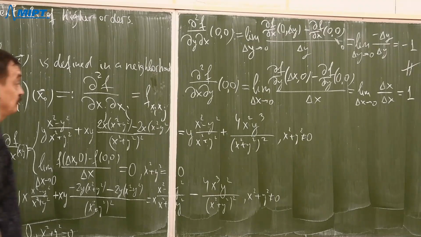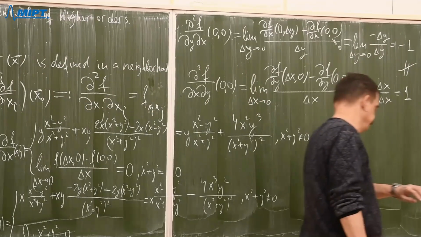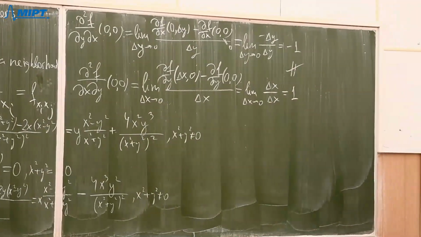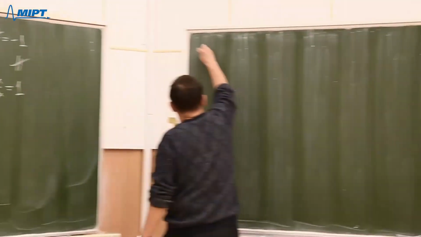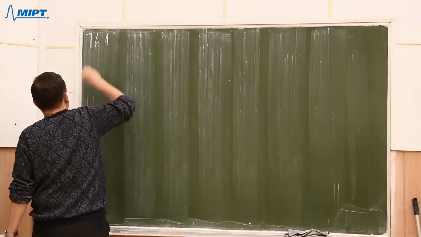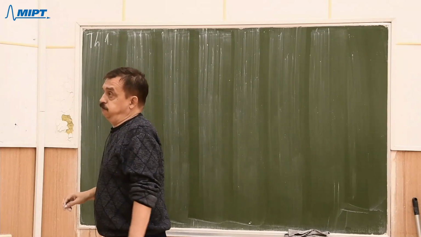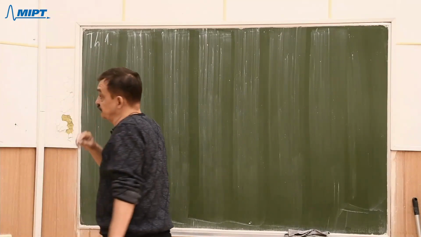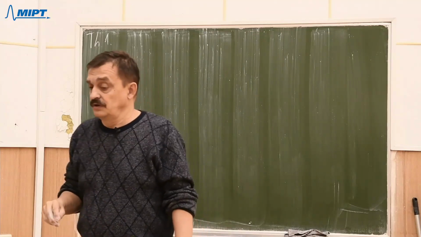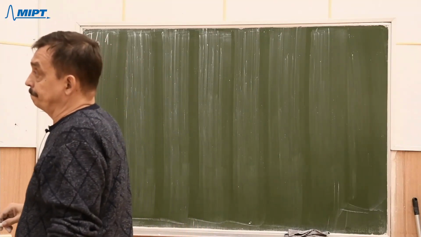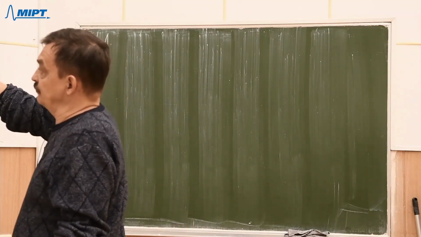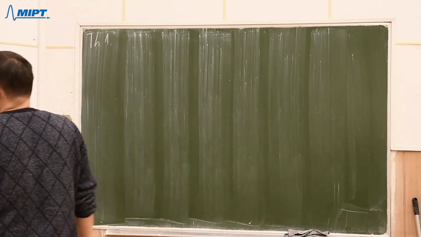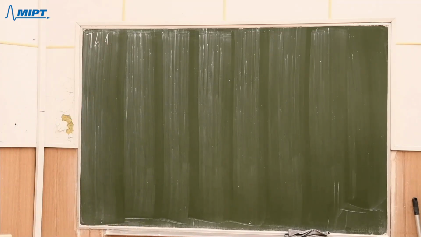Okay, now a very important result. Theorem 1 of this section says when we can forget about this possibility and mixed partial derivatives.